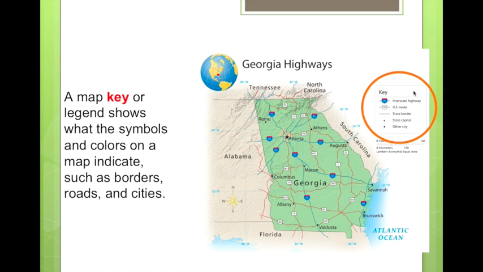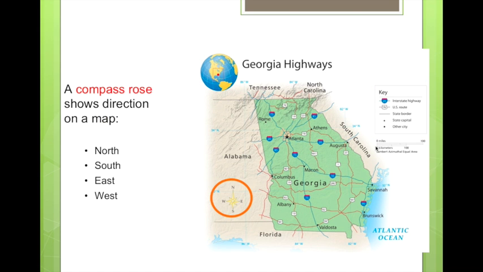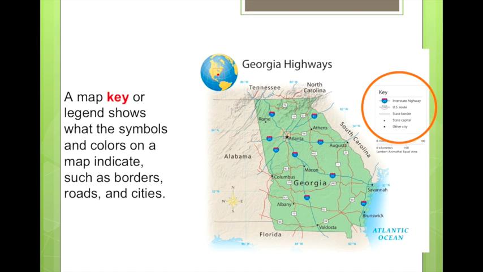Now, this entire thing, the map key, is going to show you what the different symbols and colors on a map indicate, such as borders, roads, and cities. So we have a map key, we have a scale bar, and we also had a compass rose.